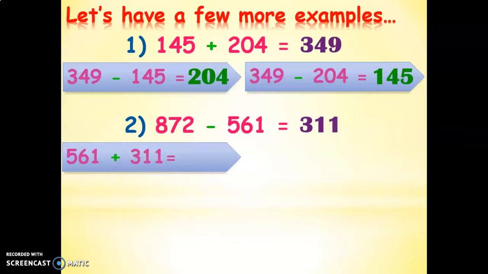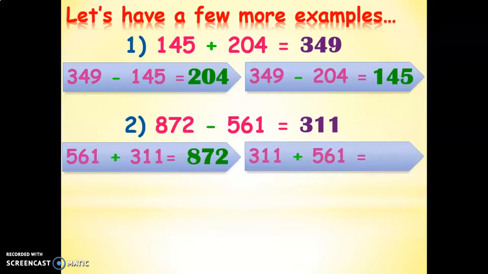It's 561 plus 311 equals 872. And another addition sentence, we have 311 plus 561 equals 872.